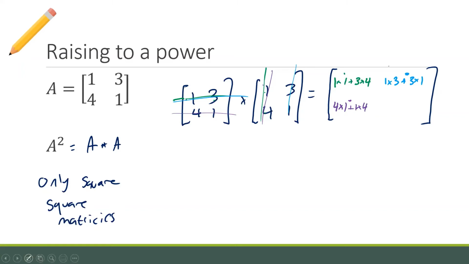Then the last one is going to be pretty easy to do in red, this one here. 4 times 3, and then a 1 times 1.